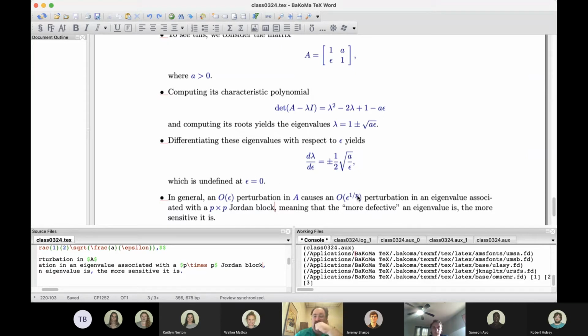So a larger change in terms of orders of magnitude compared to the case of a simple eigenvalue where p would just be 1. So the more defective the eigenvalue is, the more sensitive it is to changes in the matrix.